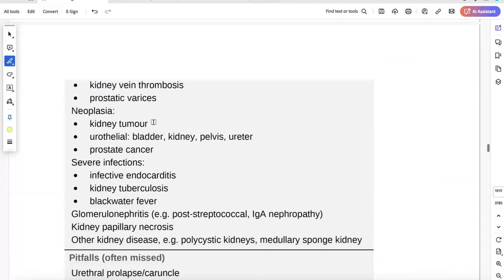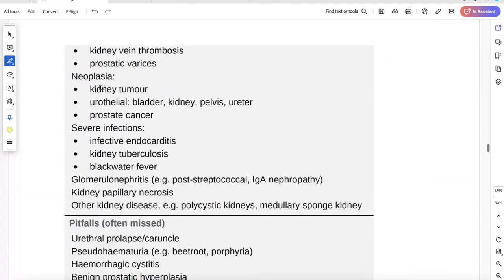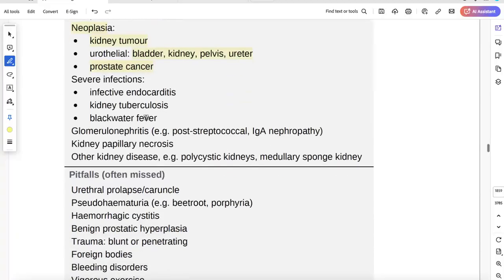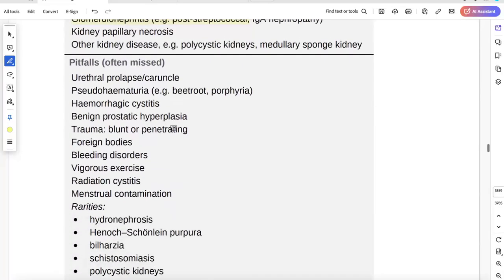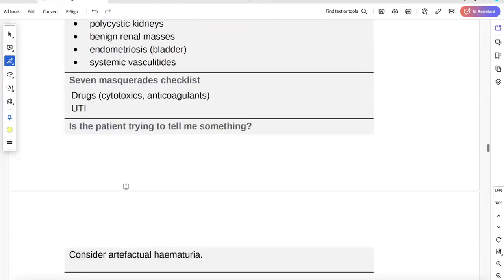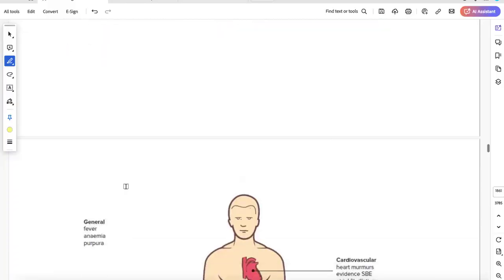Then sometimes other conditions, especially cancer, so urological cancer like kidney cancer, renal cell carcinoma, urothelial, bladder, pelvis, ureteric cancer, prostate cancer, any of these can present with hematuria. Glomerulonephritis, which means post-streptococcal or IgA nephropathy, can be a cause, and there are lots of other causes which you can go through in your own time.